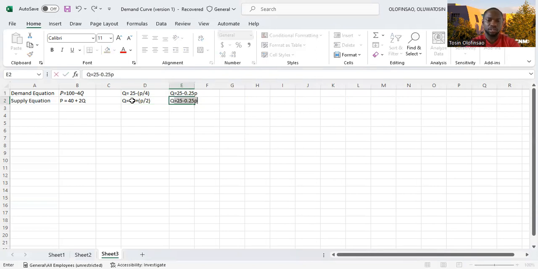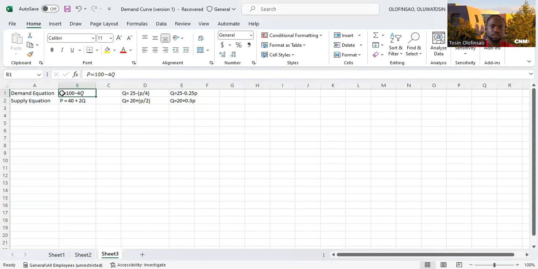Or you can say Q equals negative 20 plus 0.5 P. So I think that should be good. You're just trying to solve for Q. Right now the equation is solving for P, so you change it to solving for Q. But okay, let's go right into it.